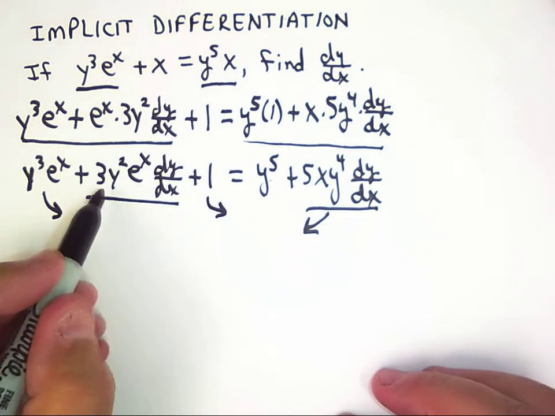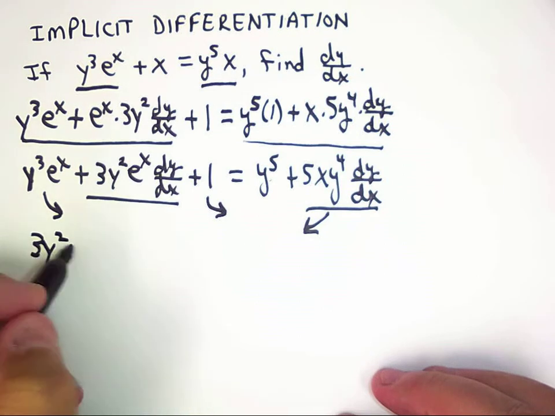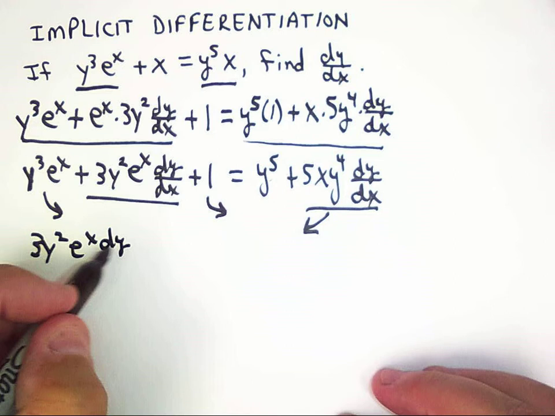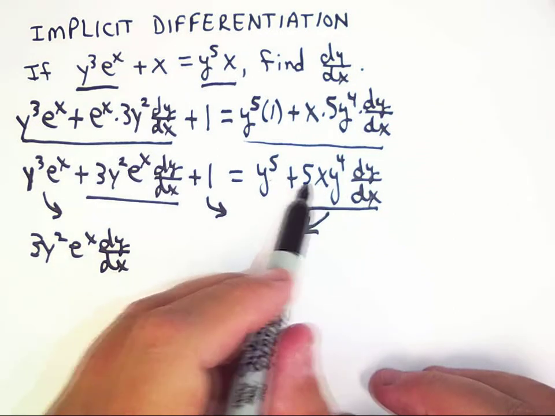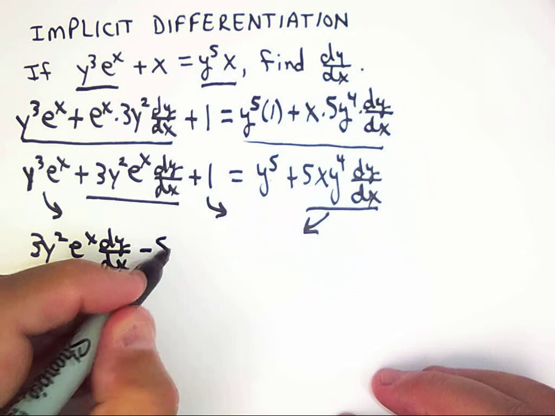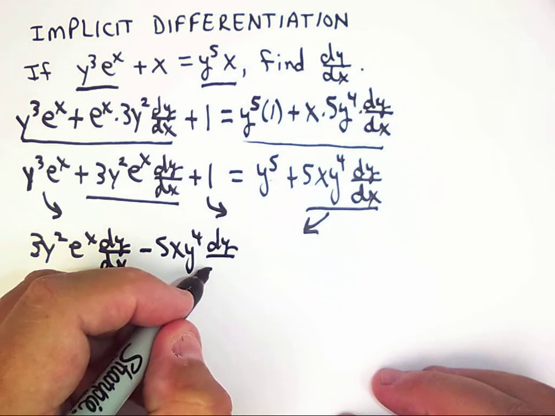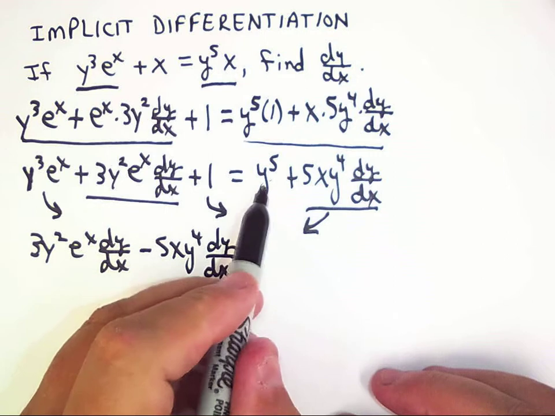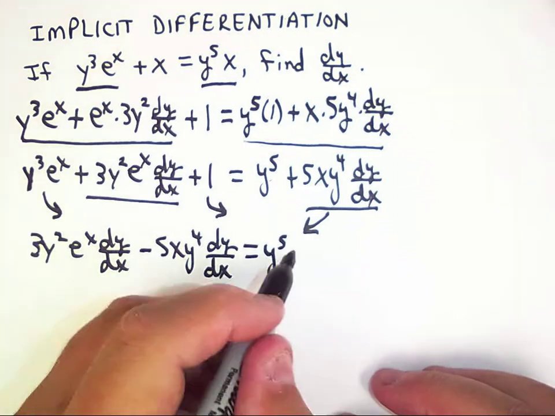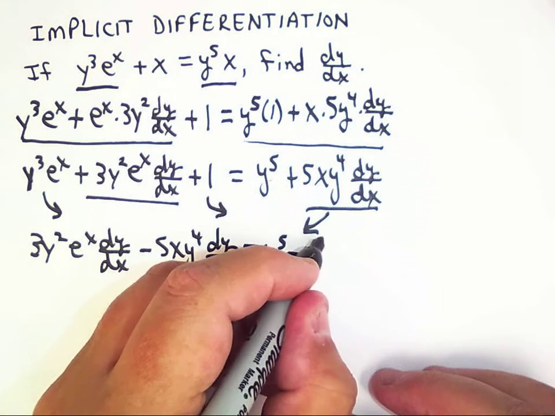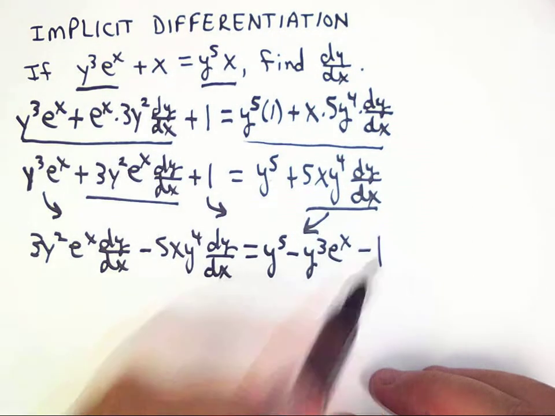So I'll end up with, this stays where it is, 3y squared e to the x times dy over dx. This moves over so it becomes negative, so you got minus 5x y to the fourth dy over dx is equal to, the y to the fifth stays where it is, and this slides over and becomes negative, so you get minus y to the third e to the x, and this slides over and becomes a minus 1.